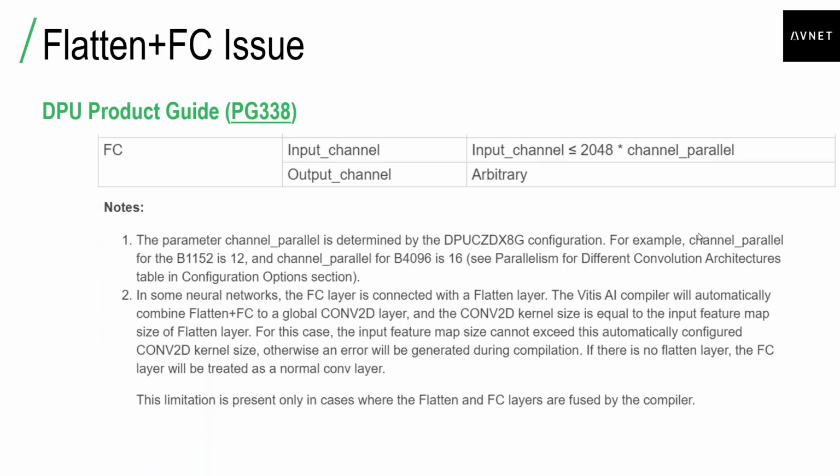If we take this a little further, there's also a note saying that in convolutional neural networks, the flattened plus fully connected layers get converted to a 2D convolutional layer. And in this case, the size of the input feature map corresponds to the kernel size.